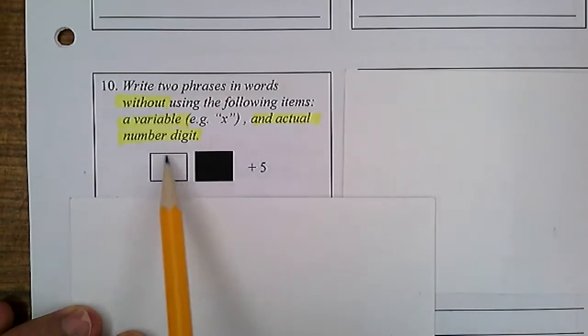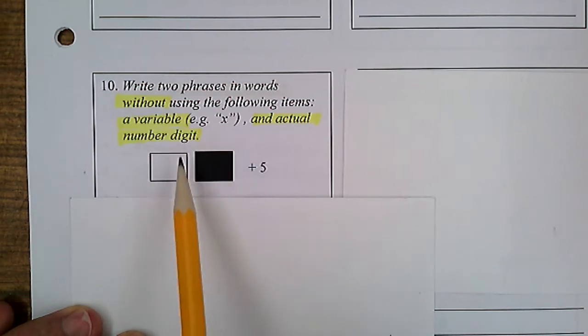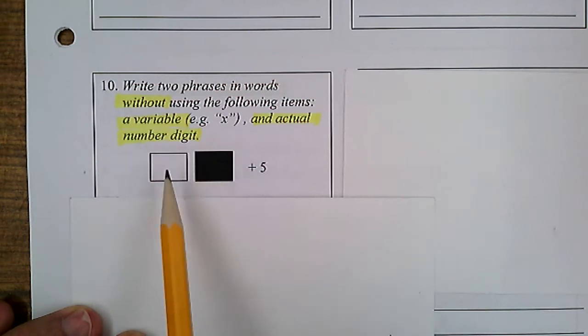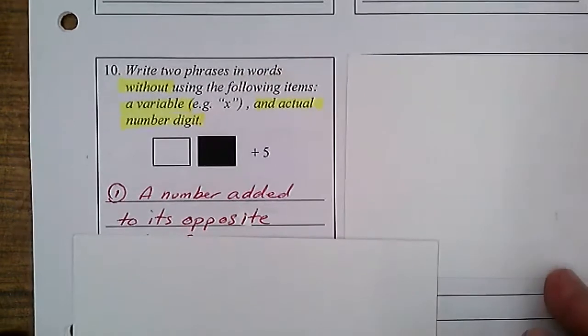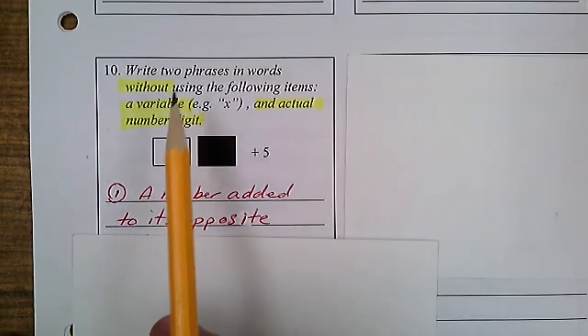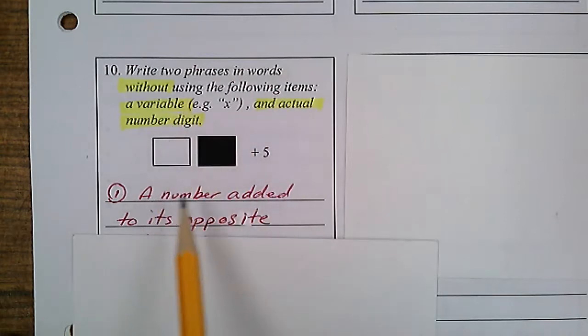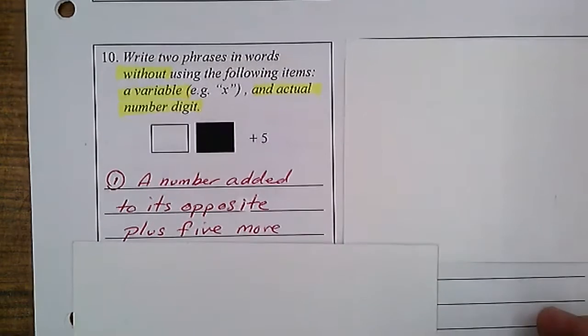Typically indicates that this is a positive number and this is a negative number, right? And since they're the same size, these are probably opposites. So I said something like a number added to its opposite. And I didn't say you couldn't use the word add. So a number added to its opposite plus 5 more.